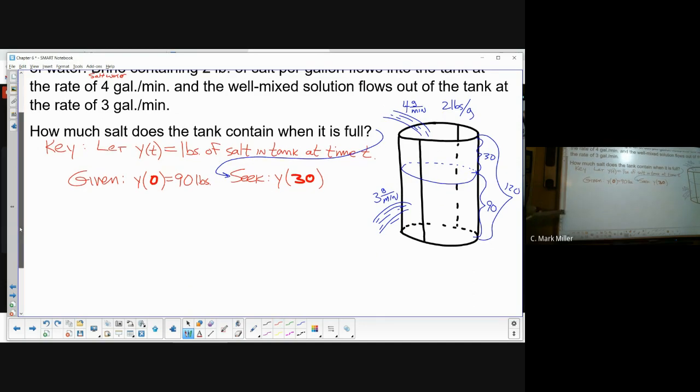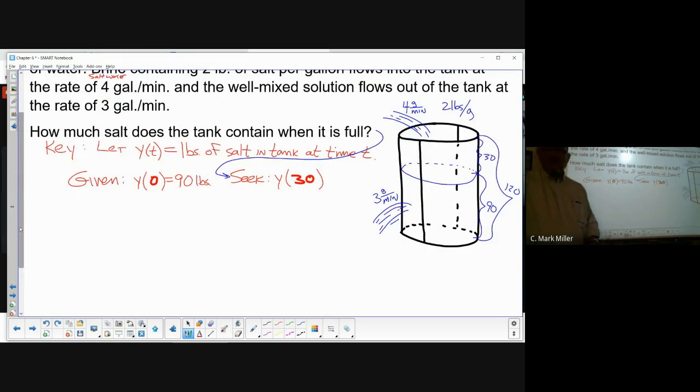Okay, now here's my next pointer to you. We're going to set up a differential equation. And this right here is the test of whether somebody understands differential equations or not.